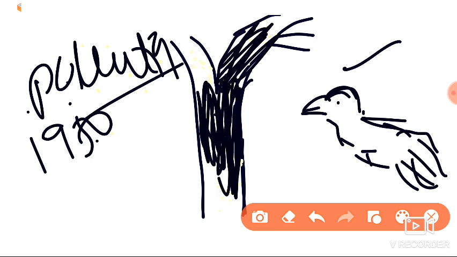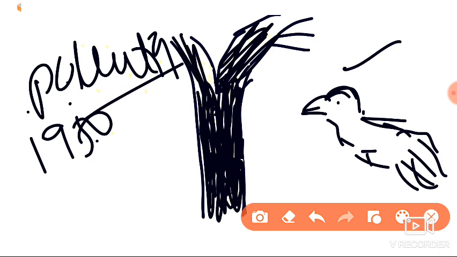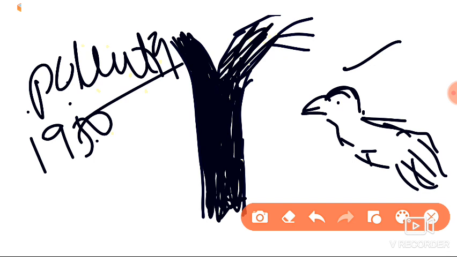Now it is difficult to spot the dark colored moths because there are no lichens. The bark of the tree is dark, and the moth wings are also dark.